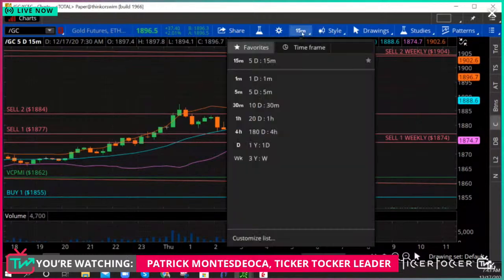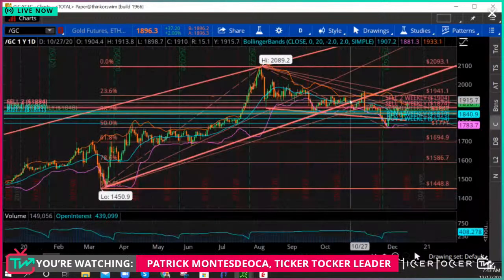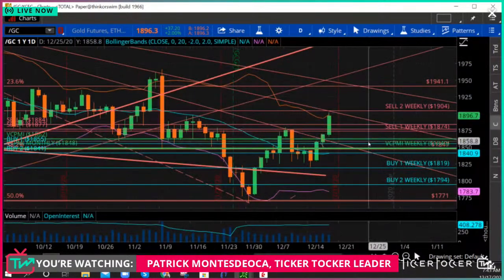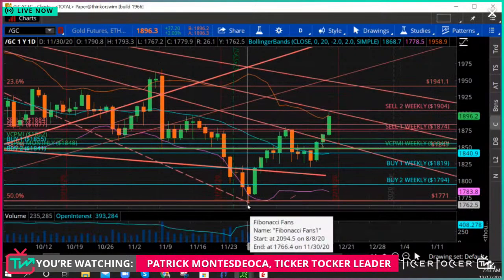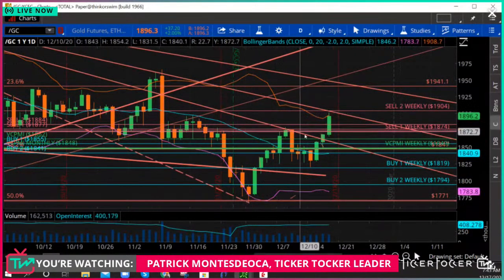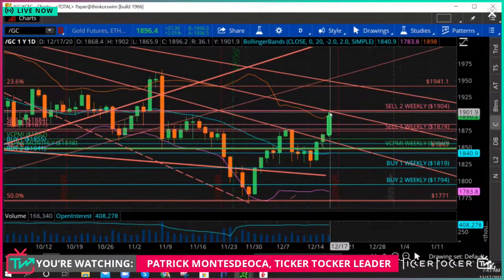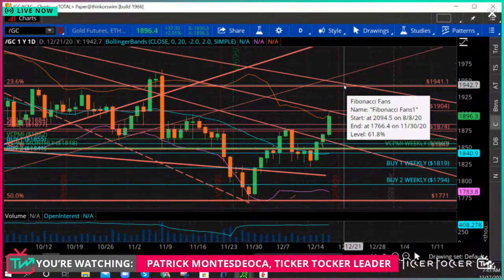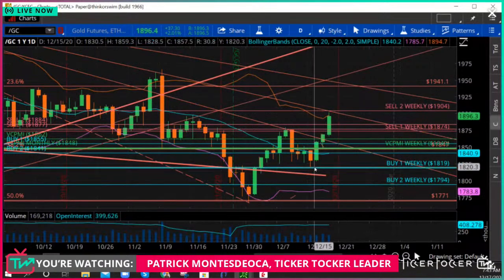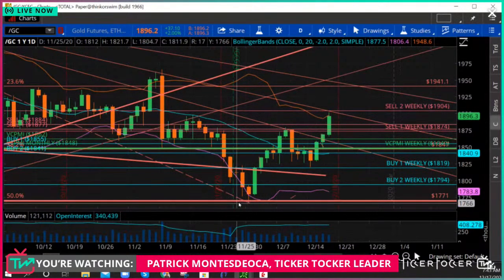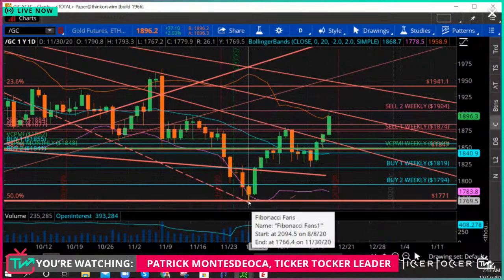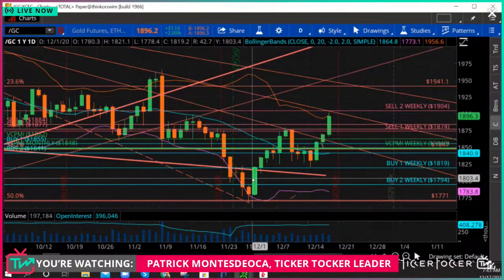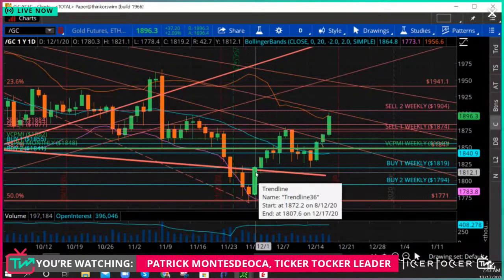If we look at the daily chart a little closer, these lines represent the Fibonacci trend lines, resistance trend lines. And as you can see here, the market, after making the low of 1767, reverted back up above this descending channel.